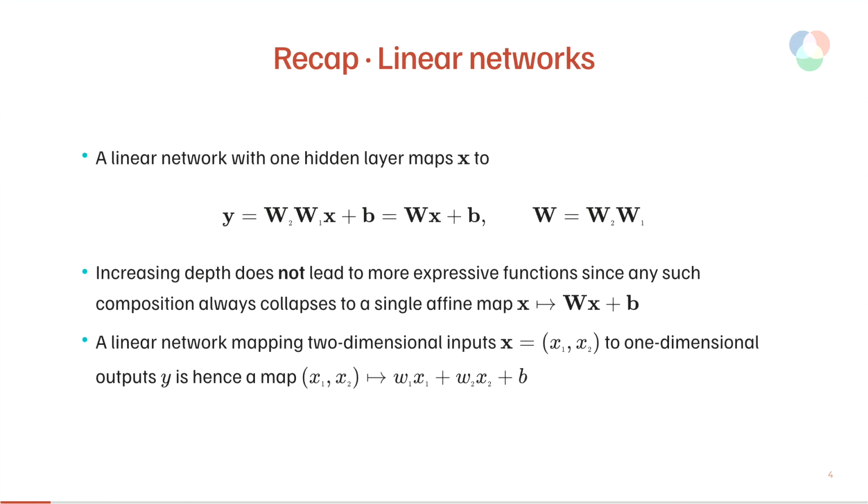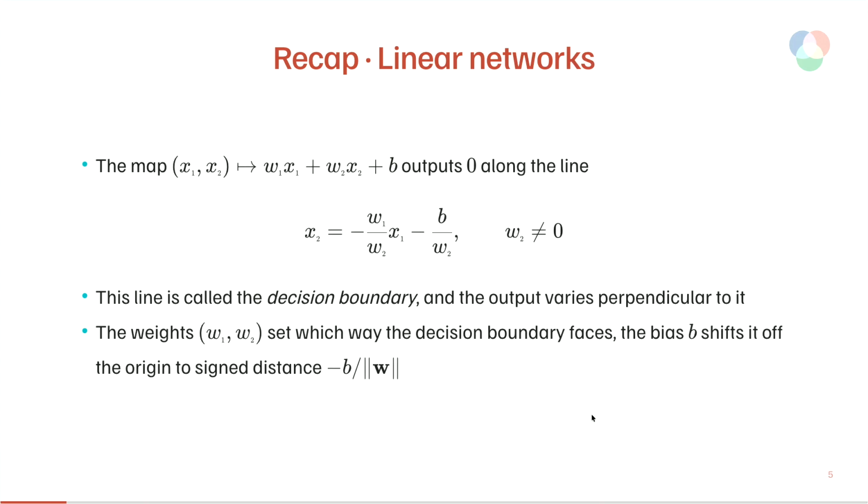Now, if we go to a similarly simple setting as Lukas looked at, where we look at inputs that have 2 dimensions and we want to map this to a 1-dimensional output, what this looks like is just a simple linear combination of the 2 input dimensions. So we have W1 X1 plus W2 X2 plus the bias tagged on, right?